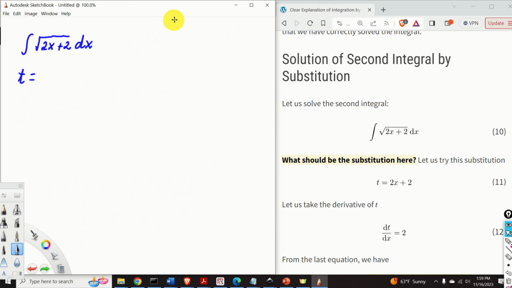Here's the main idea for solving this integral. Do we know how to solve an integral of square root of t dt?